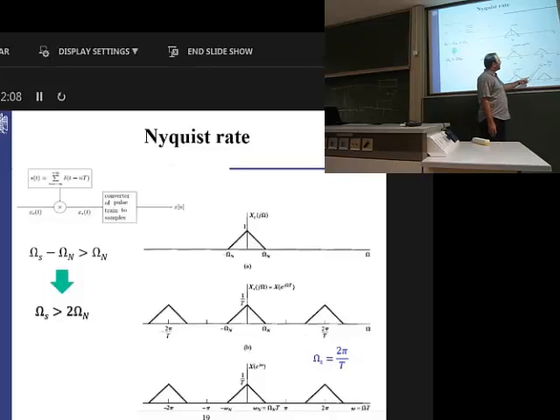Here ωs, which is the sampling frequency, is 2π over T. So here is ωs, so 0, ωs, minus ωs, and so on.